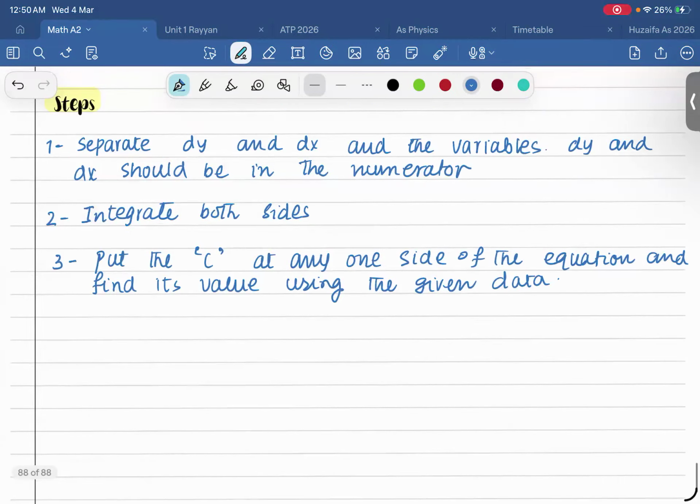And then you have to give the answer in the required form. That is like the three steps that you have to do, right?